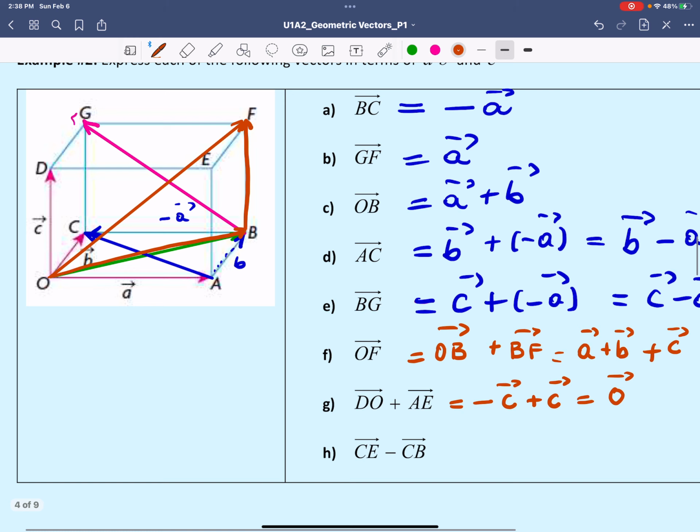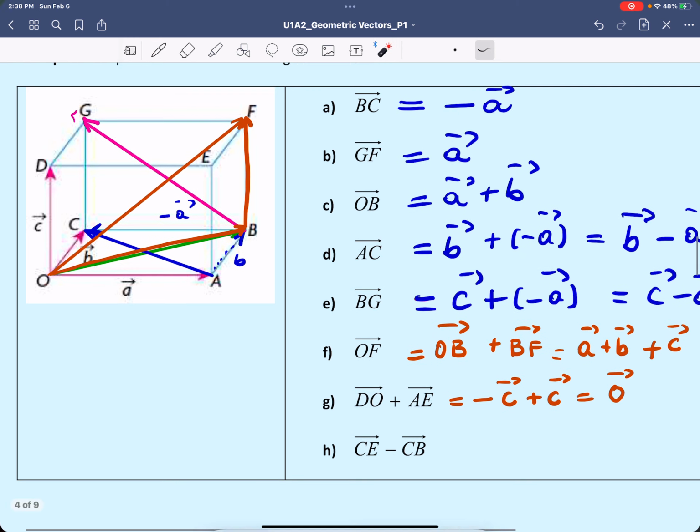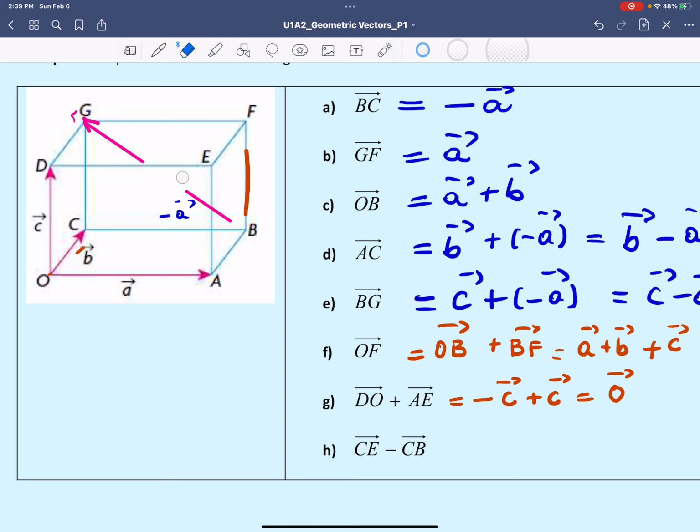Next, or last, I should say, we have CE minus CB. Let's take a look at CE. Here is C, and here is E. CE is the one that connects the two vertices across from each other. What I'm going to do right now is erase this because it's getting a little bit crowded, and I really want to give a better view of the new vectors we're working with.